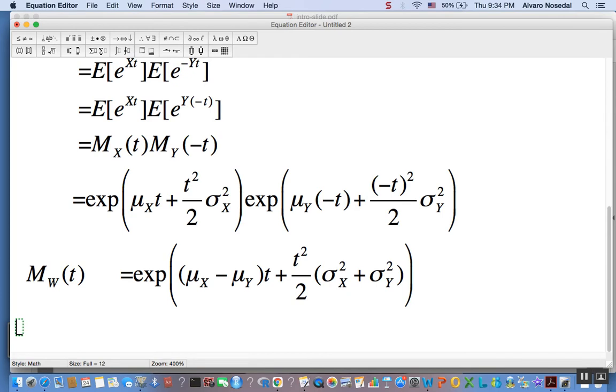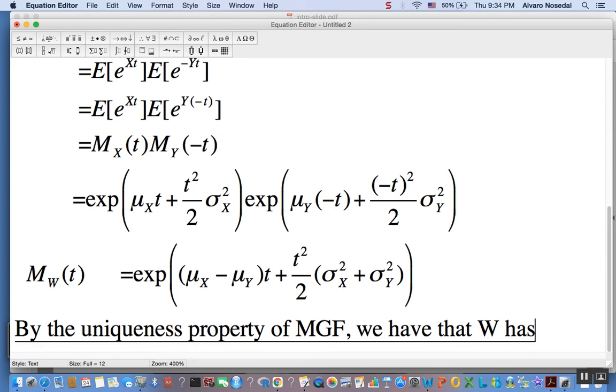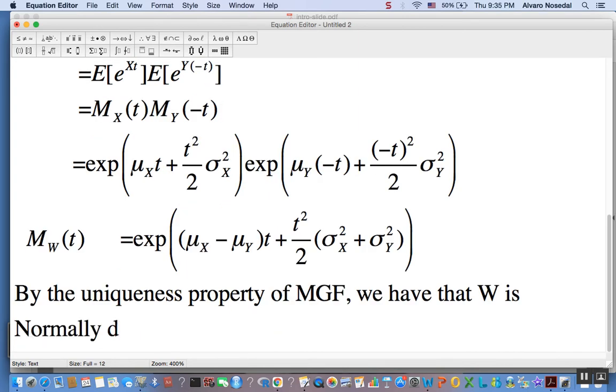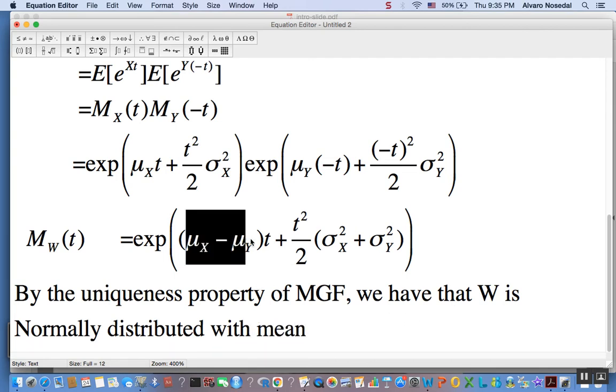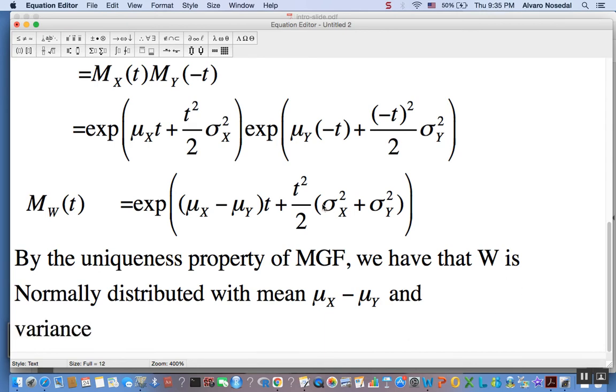So first, by the uniqueness property of MGFs, we have that W is normally distributed with mean, the mean is going to be this guy, and variance this guy.